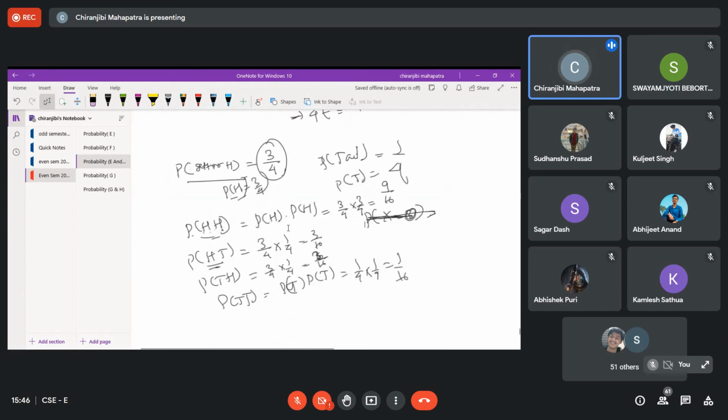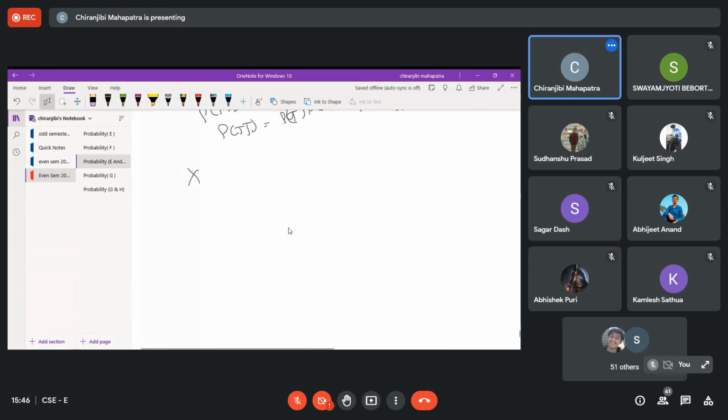Okay, so x denotes the number of tails. Then what is the probability that x equals 0? 9/16. x equals 0 means no tails are involved, so that means h and h, so 9/16.